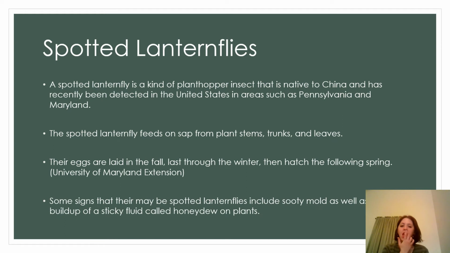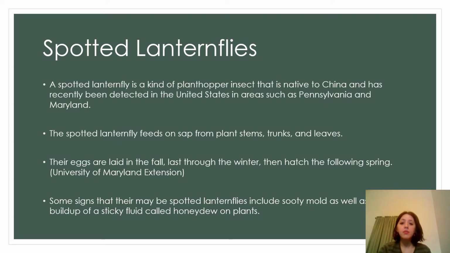Okay, so a spotted lanternfly is a kind of plant hopper insect that is native to China and has recently been detected in the United States. As I had stated earlier, it was first detected in 2014, so it's still fairly recent.